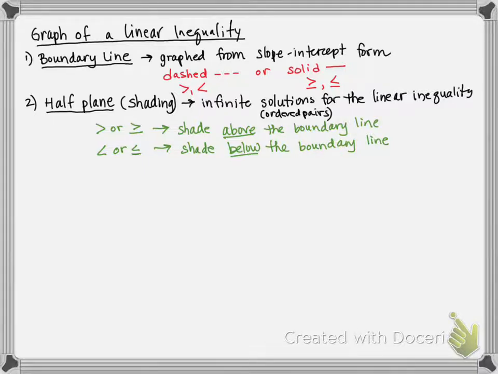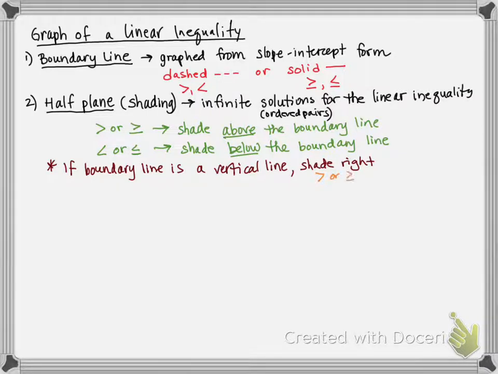So if the boundary line is a vertical line, you're going to shade right, and that would be for greater than, or greater than or equal to, just like we would do on a number line, or left, and that would be if we had less than or equal to. Okay, so that's something interesting.